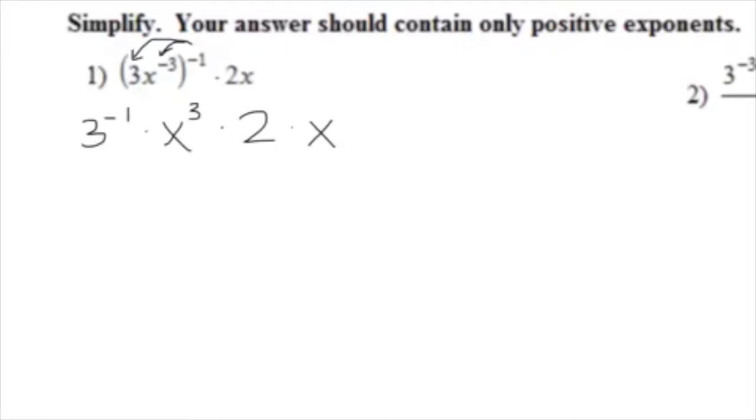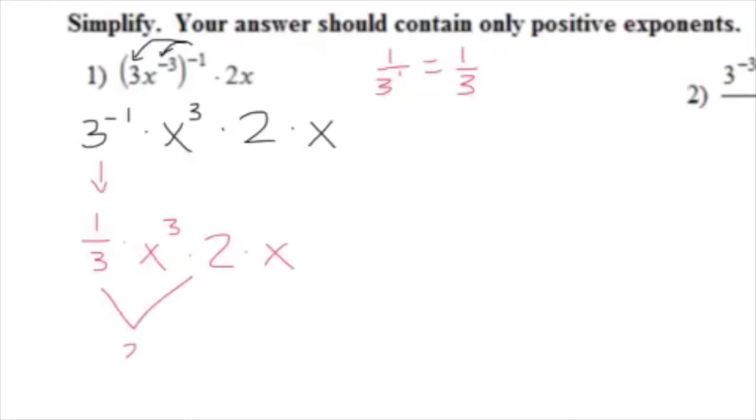Well, 3 to the negative 1 is the same as 1 over 3 to the first, which is the same as 1/3. So now you have 1/3 times x to the third times 2 times x. Well, 1/3 times 2 is 2/3.